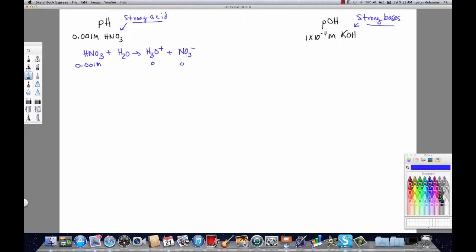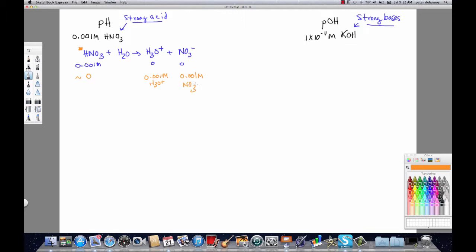this particle, and I'll emphasize it with an asterisk, is going to ionize completely. So after the reaction is over, there's going to be 0 of the HNO3 particle, and we will have produced 0.001 molar of the H3O+ and 0.001 molar of the NO3-.